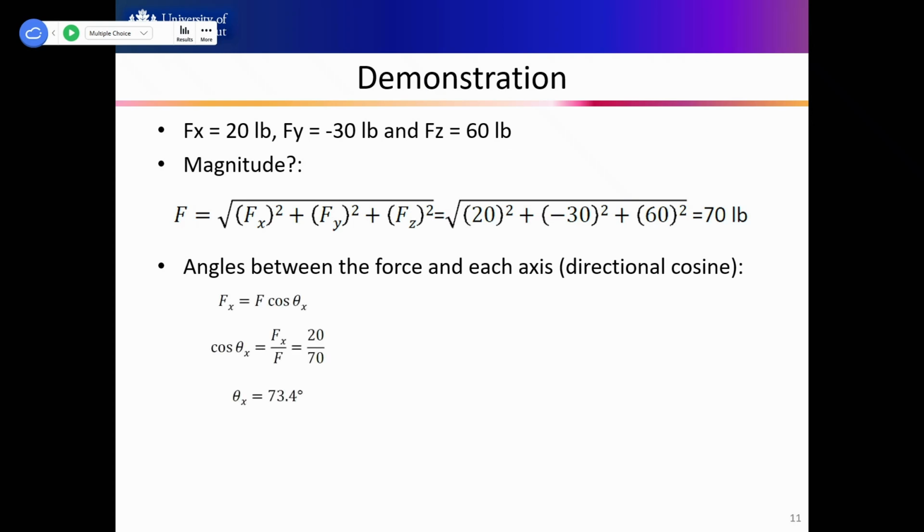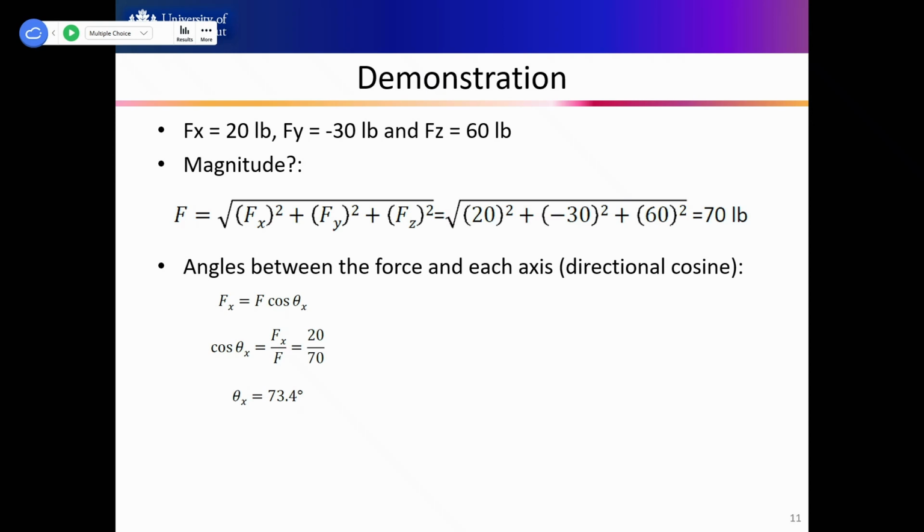So theta x is inverse cosine of 20 over 70, and that is 73.4 degrees.